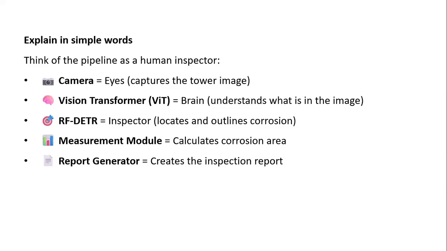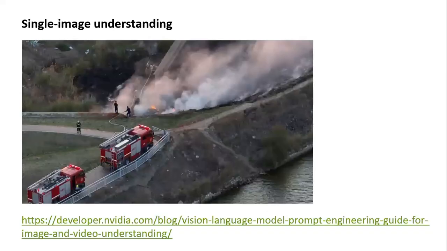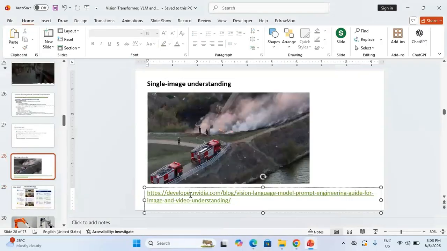Everything at a glance. It's like our human brain. The next part is the RF-DETR AI-based model, which behaves like an inspector to locate or outline the corrosion activities. The next part is the measurement module, which calculates where the corrosion area actually is, and it creates the report. That's it.